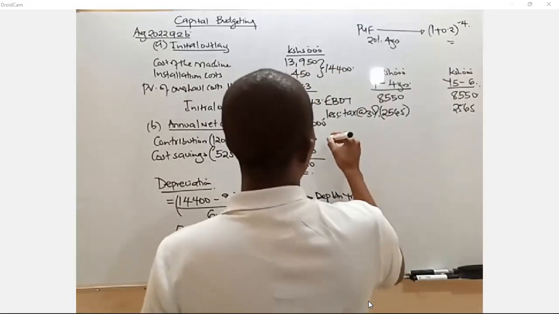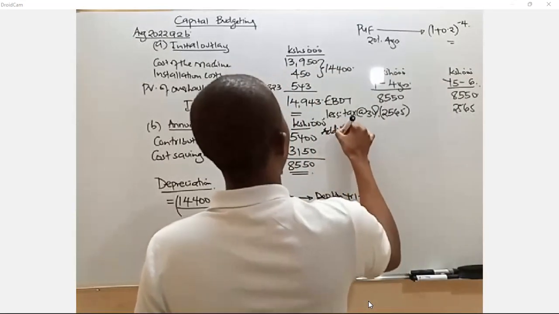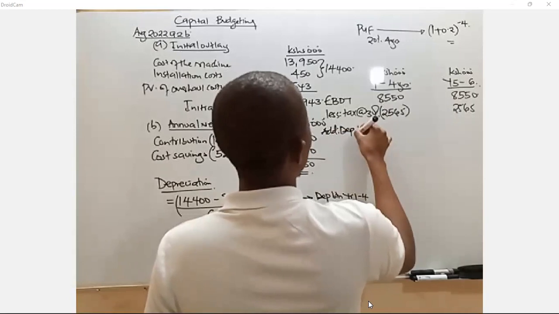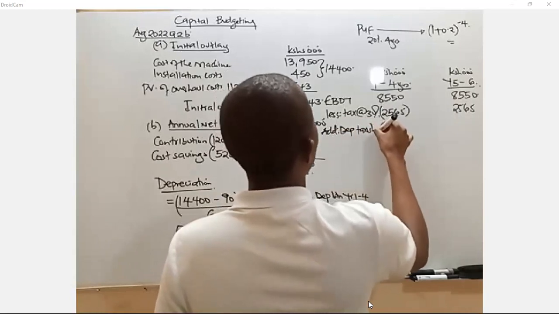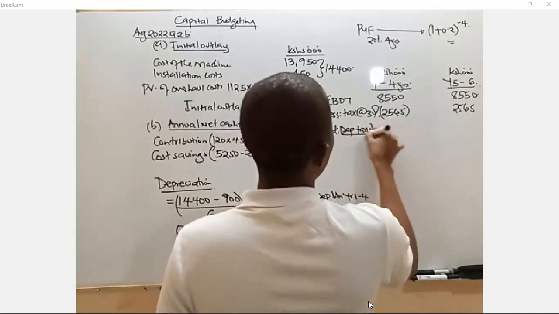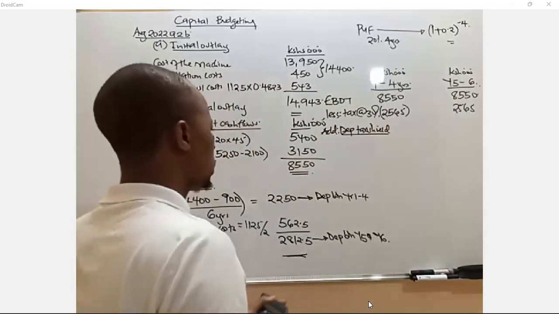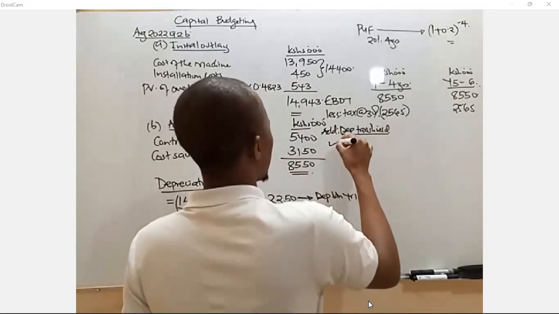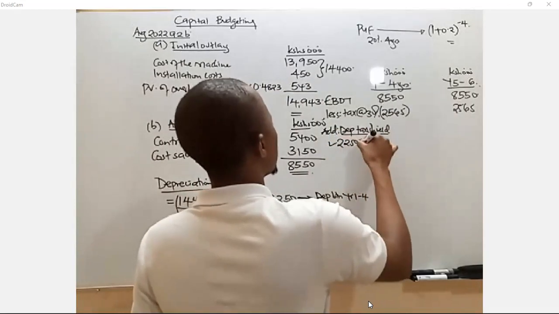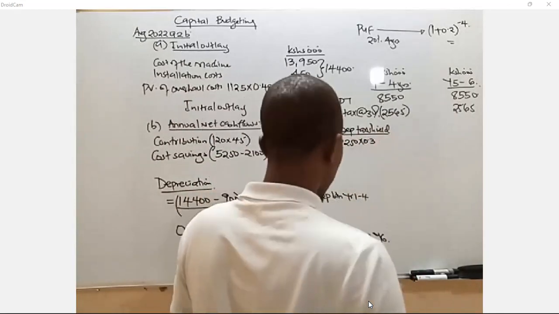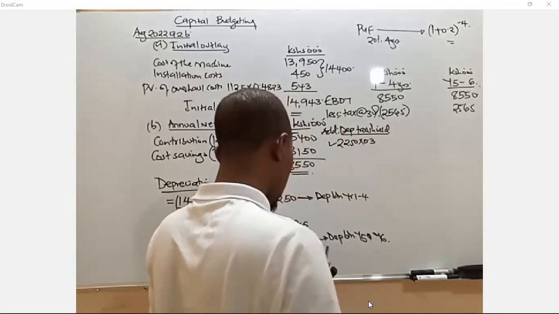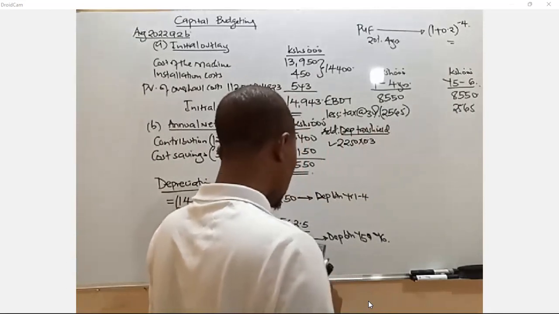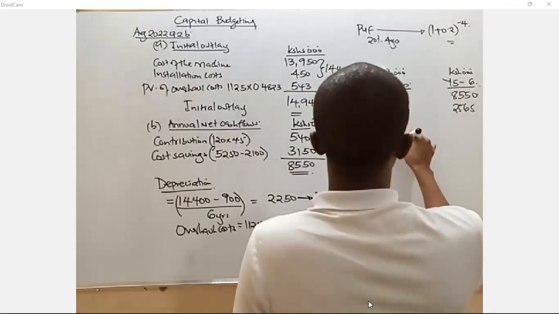Then allow me to add depreciation tax shields, where we take our depreciation and multiply by the tax rate. So our depreciation here, 2,250 times 0.3, getting 675.